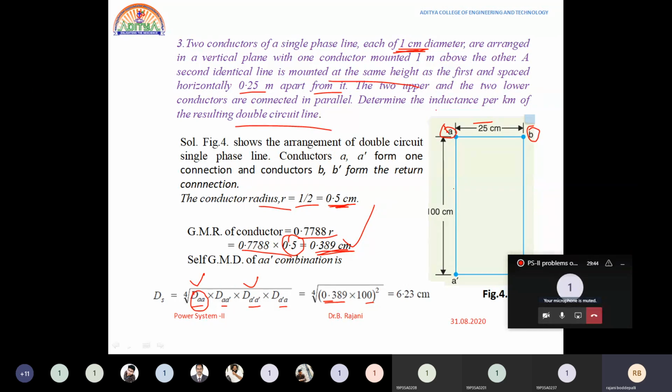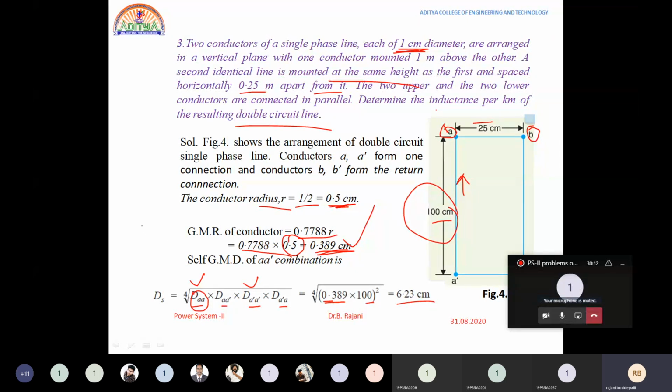From A dash to A is also 100 centimeters, so we have to multiply 2 times. So 0.389 into 0.389 into 100 into 100, the square root of that. On simplification, we have the value of 6.23 centimeters. That is the self GMD of the conductor A.